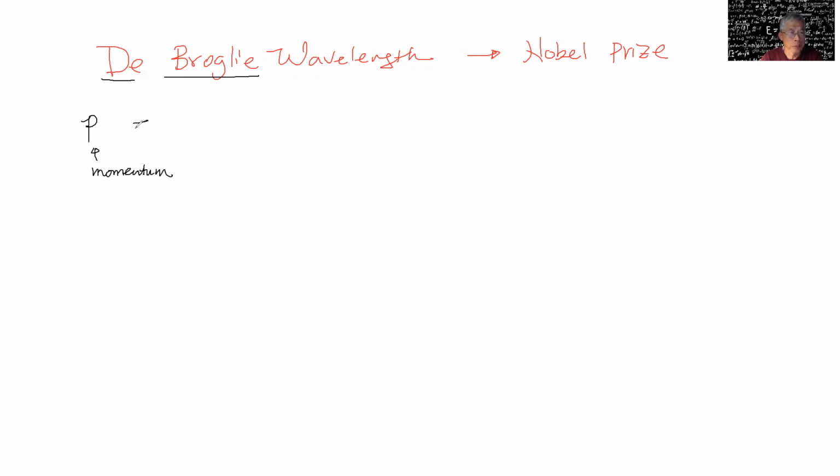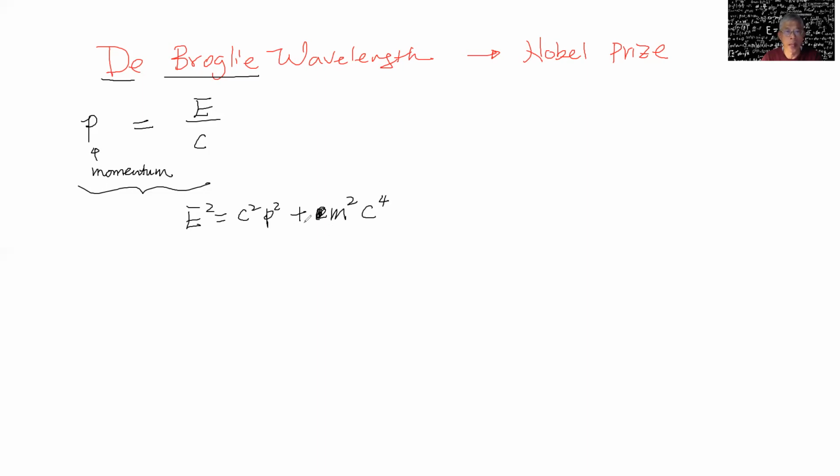for a photon. This is equal to energy divided by c. And this is from E squared equals c squared p squared plus m squared c to the fourth.